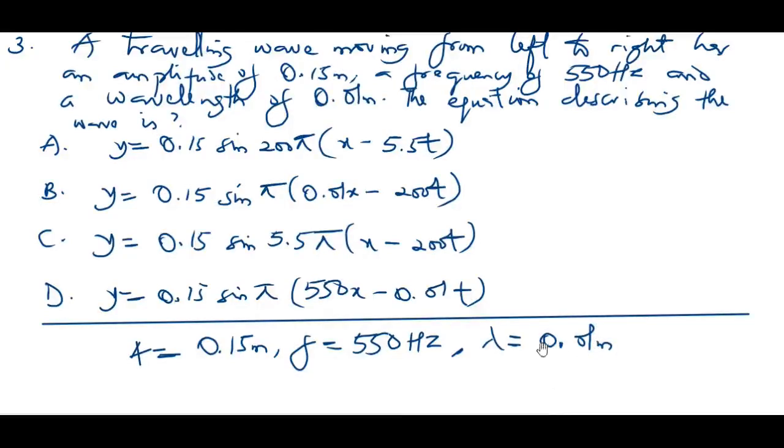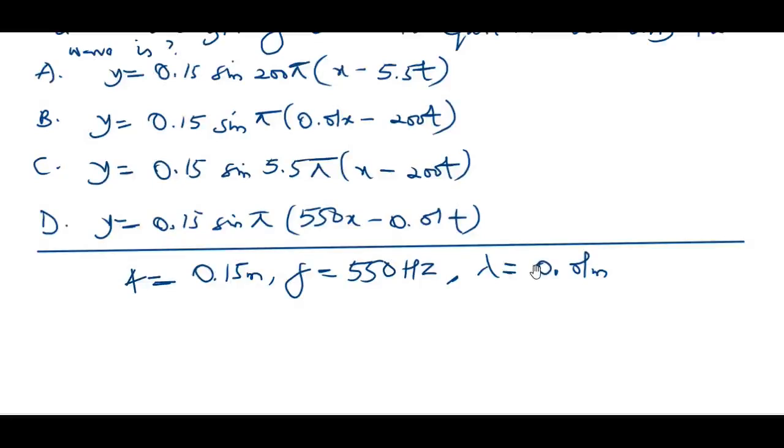Now, looking through these options, you are going to see that the equation we have here looks like one of the equations we have in our arsenals. So you just go and bring out the one that looks like this, and that is also on positive x direction. And that is y equals a sine 2 pi over lambda into x minus vt.